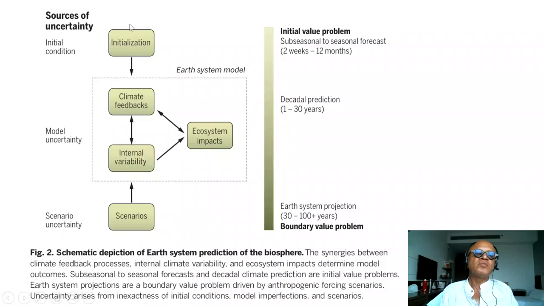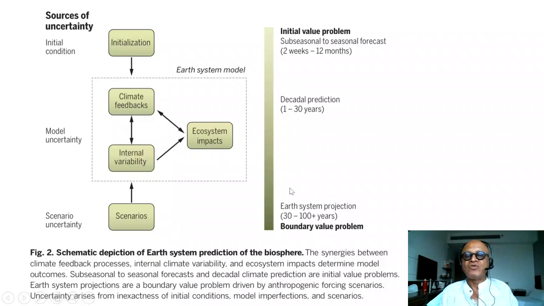Sources of uncertainty could be in initialization, like in weather models or Earth system models. There are feedbacks and internal variability, as well as ecosystem impacts and feedbacks, which are called model uncertainties, as we saw before. And we are using scenarios to project into the future, which gives us scenario uncertainties, which we will look at again.